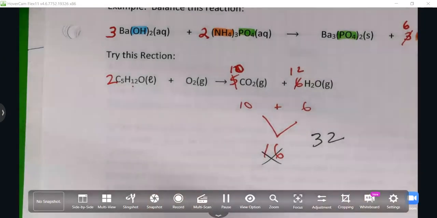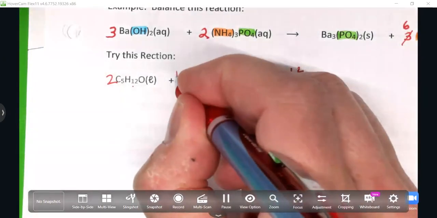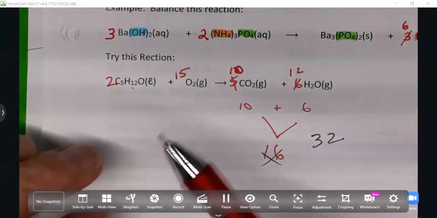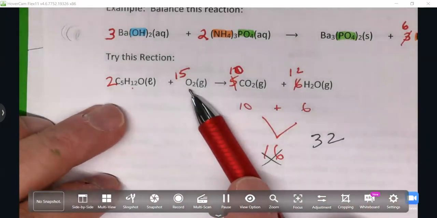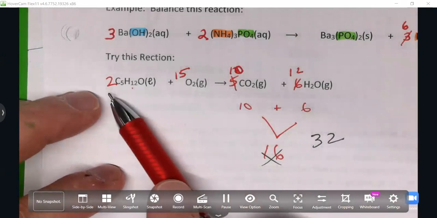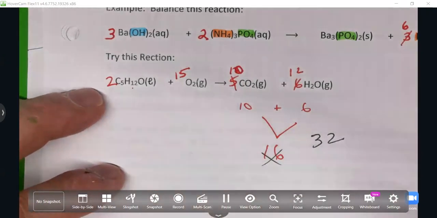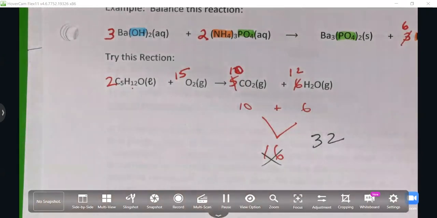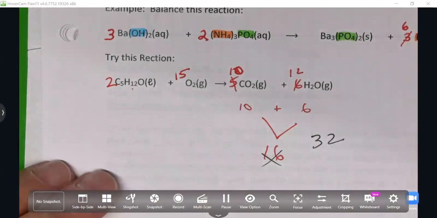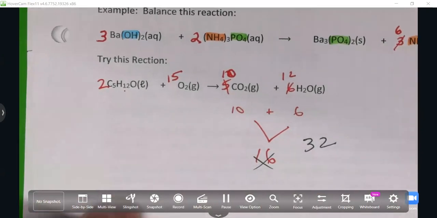We've got to put a 15 here, because 15 times 2 is 30, plus the 2 right there. So you end up with 32 on both sides. Now again, that's still a combustion reaction. It's got oxygen in it. That's kind of ugly.